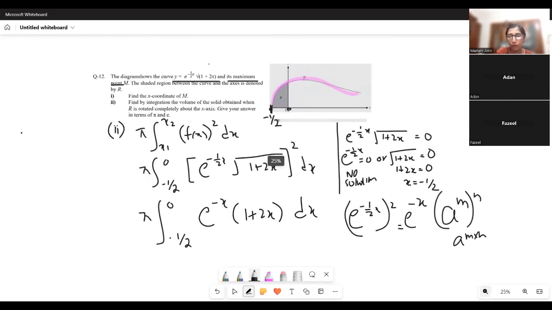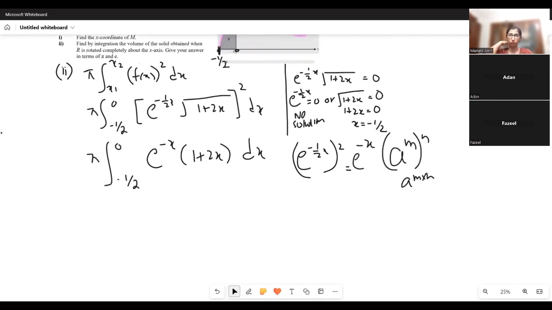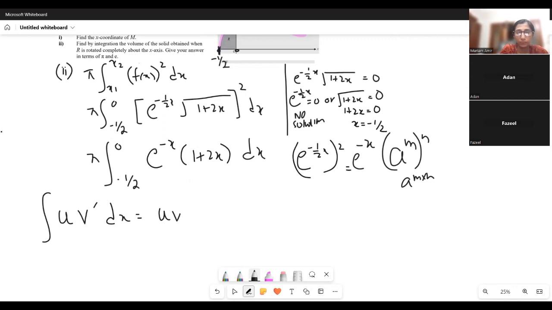Okay, so now this becomes an integration by parts question. We have to use the uv formula. What's the formula? You're integrating a product. One has to be u and the other one has to be derivative of v. And this equals uv minus integration of u dash v. So first we have to select which one of these two is u and which is v dash.